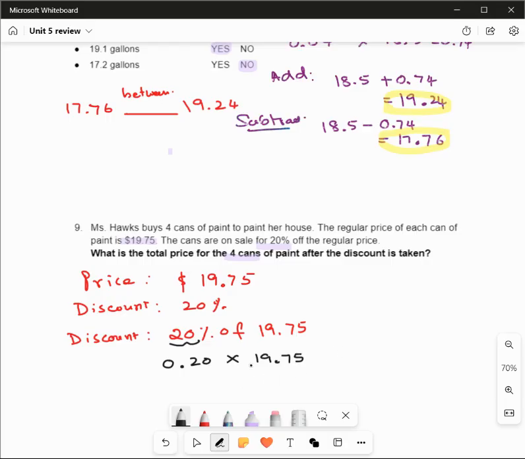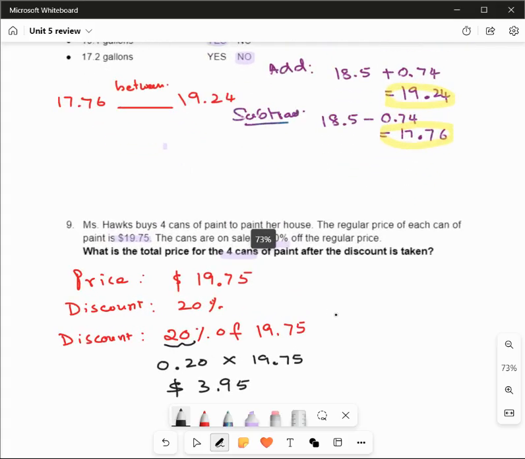So let's do the math. That gives you $3.95, and this is the discount. This is how much you got off for the sale.